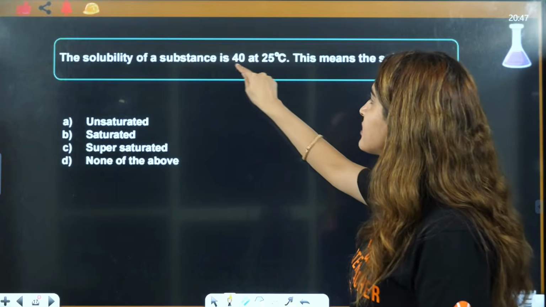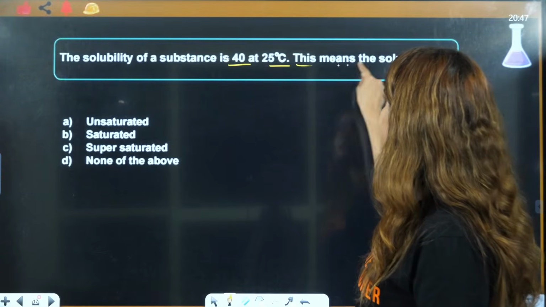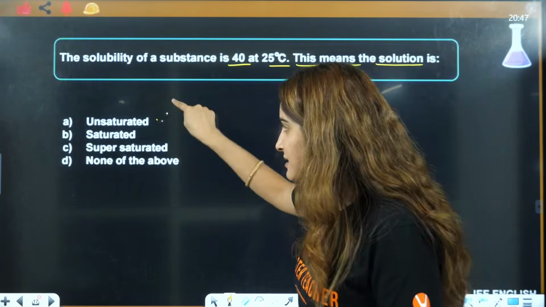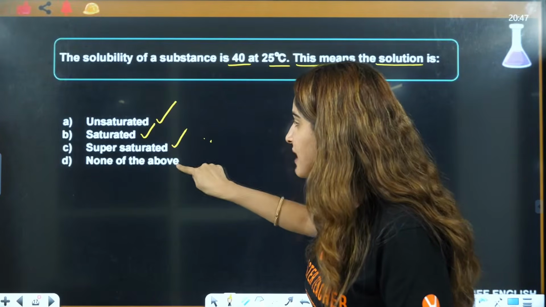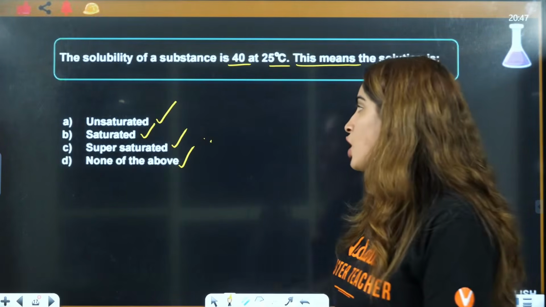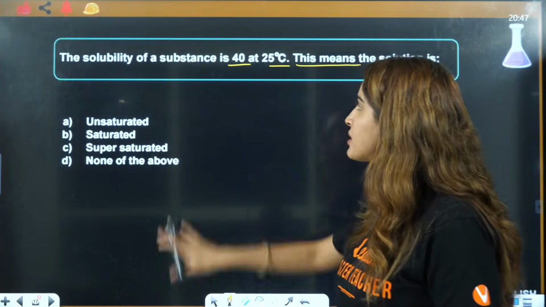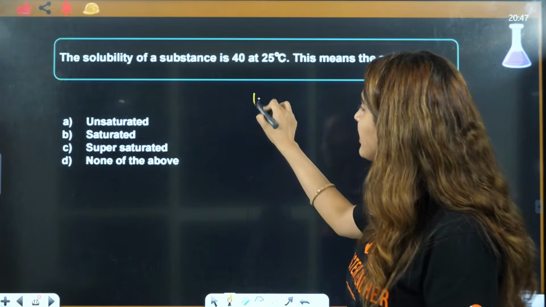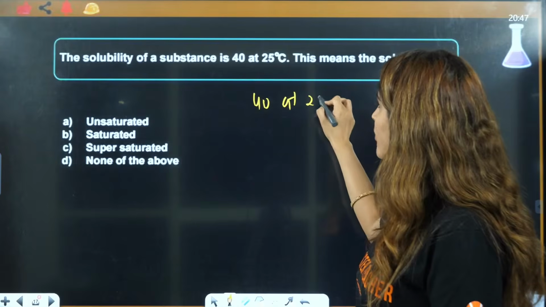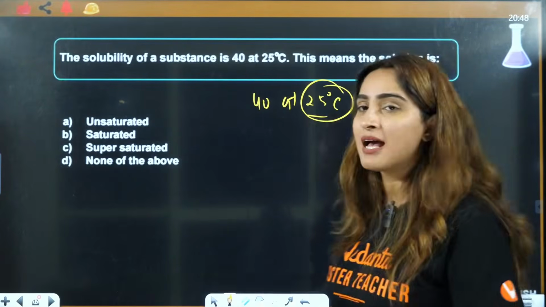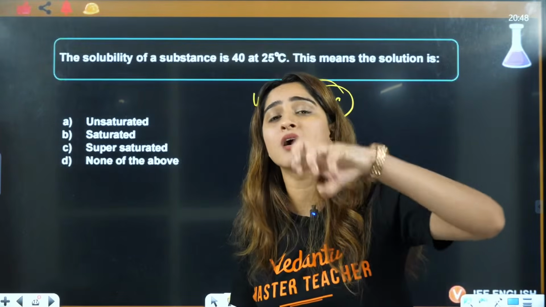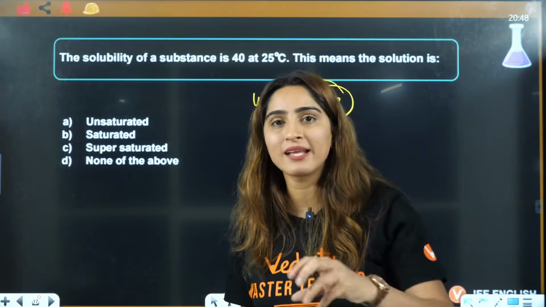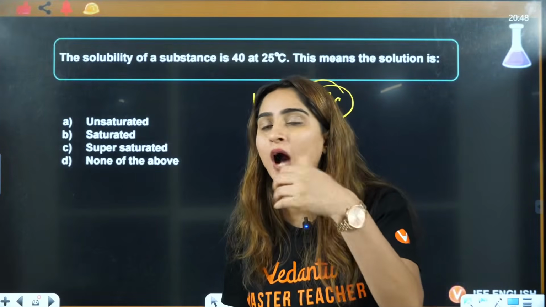Solubility of a substance is 40 at 25 degrees Celsius. This means the solution is unsaturated, saturated, supersaturated, or none of these. See, when they are giving you 40 at 25 degrees Celsius, that means you have fixed the solubility. You are saying that beyond 40 you can't add the solute.